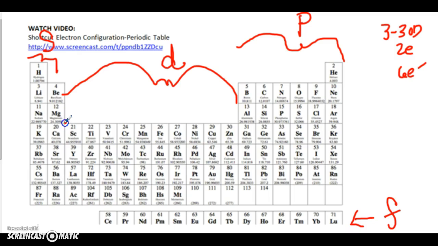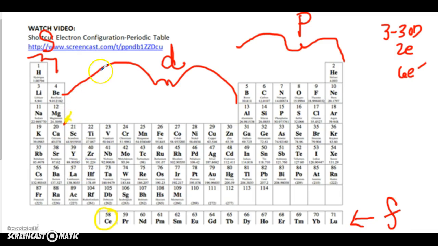What you do have to watch is that different periodic tables will look a little bit different. Some of them might put these extra ones in here, so you just have to make sure you're starting at the next one, if that makes sense.